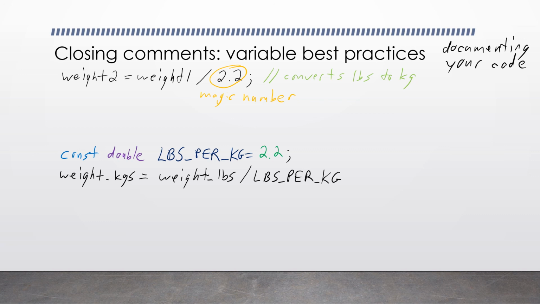Okay, this comes close to being what programmers call self-documenting code. That is, it is easy to read that weight in kilograms is weight in pounds divided by pounds per kilogram, so we're doing a unit conversion here. Okay, this is pretty easy code to read. You can pick this up after you've been gone for a while and say, okay, that's what I was thinking when I wrote that line of code.